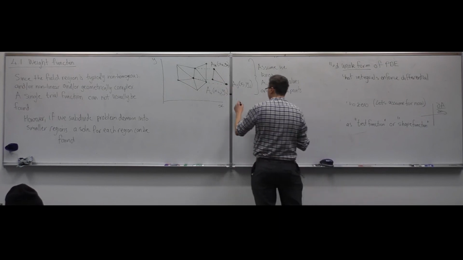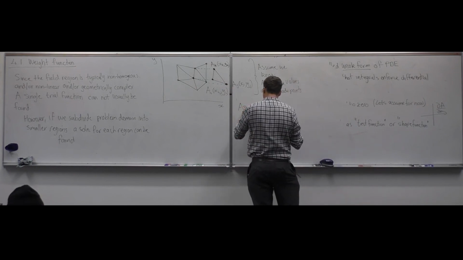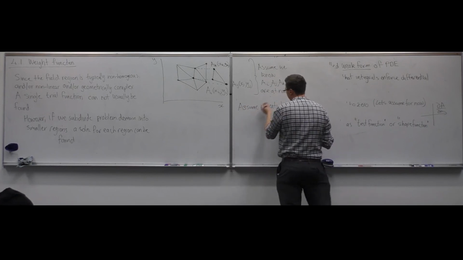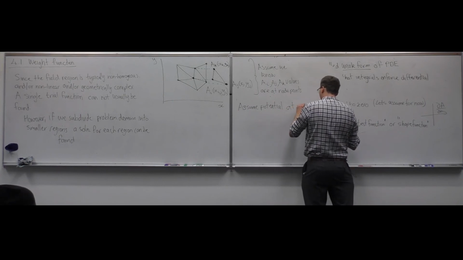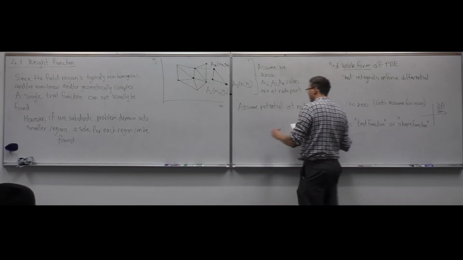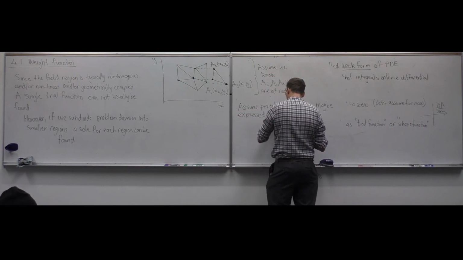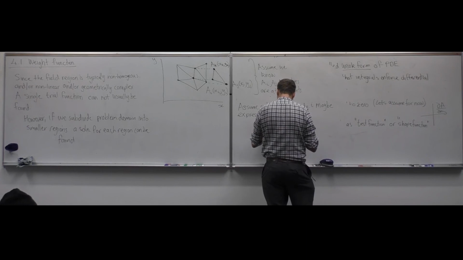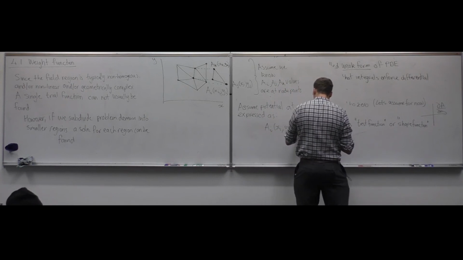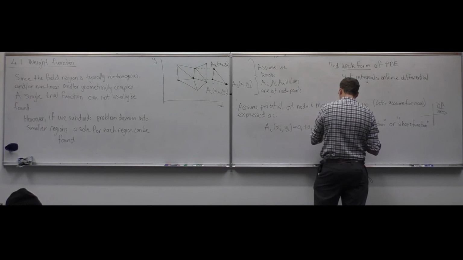So let's start by assuming the magnetic vector potential at node I may be expressed as AI, XI, YI is equal to A1 plus A2 XI plus A3 YI.